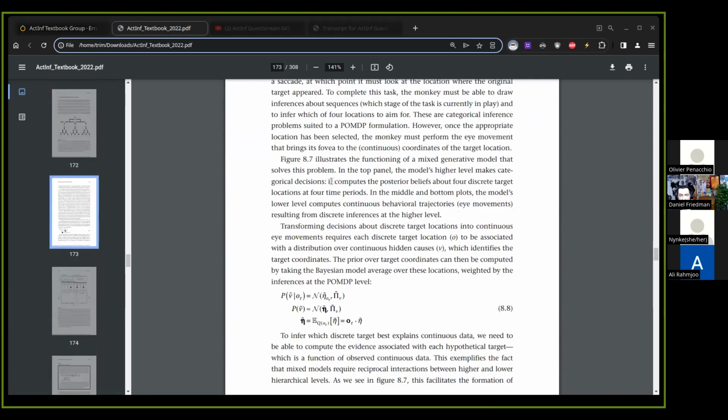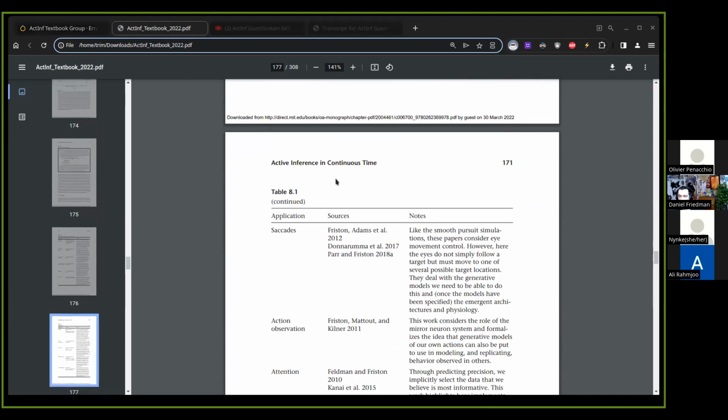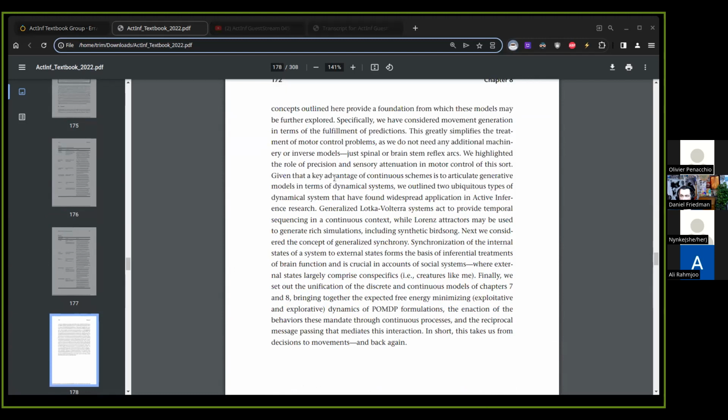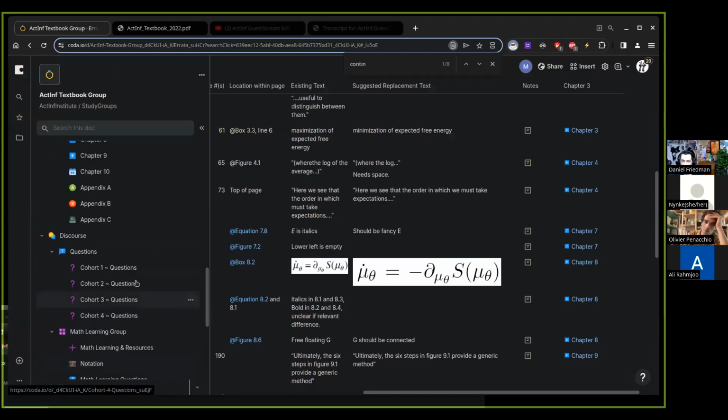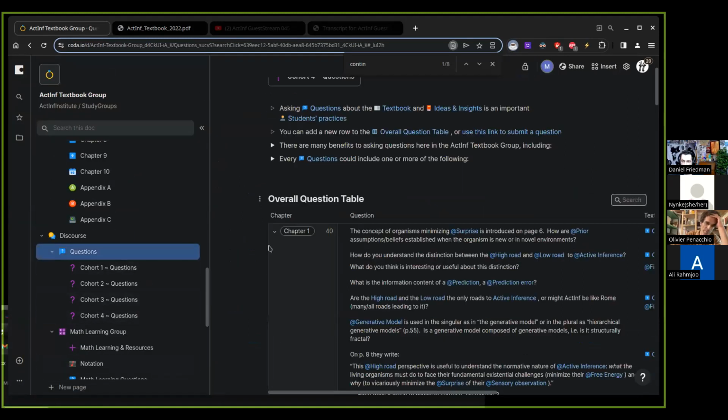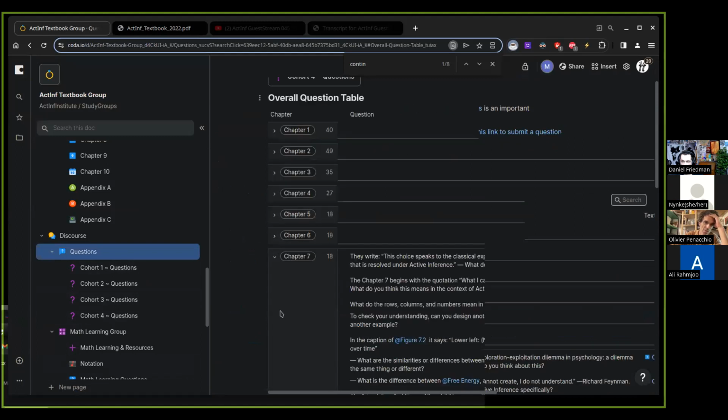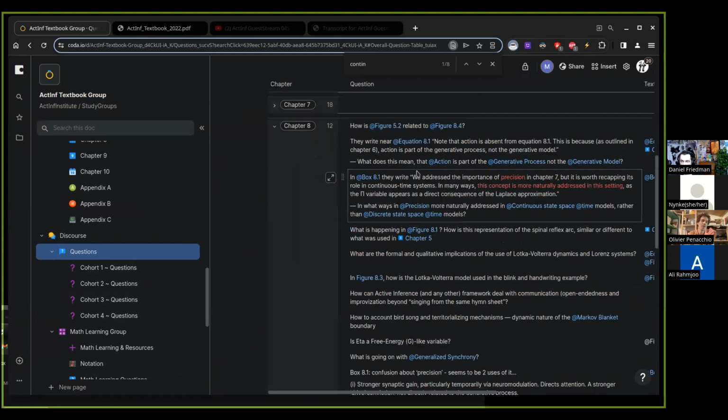Does anyone? Yeah, Olivier? Yeah, I have a question. I'm not sure I can formulate it well, but when we think in terms of discrete time models, we usually think in terms of regular time steps.